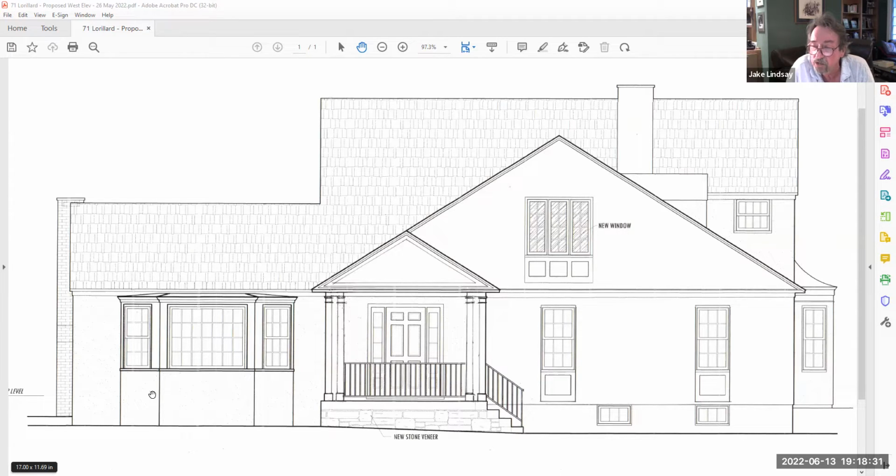And Elise, do we need to discuss the fact that there are pre-existing conditions on this particular property? Elise? I'm sorry, my internet seems to be coming in and out. Mr. Chairman, I didn't hear your last question. I just wanted to know how we address the fact that there are pre-existing variances on this property.